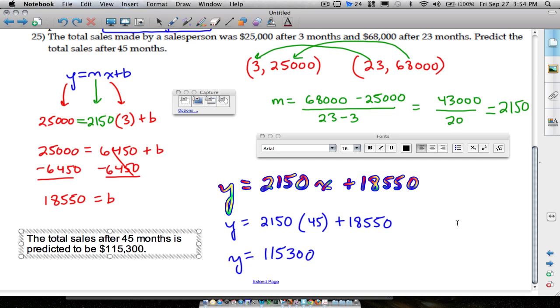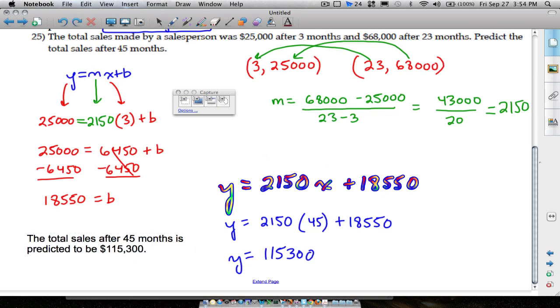Just to look a little bit deeper into it, what does that 2150 mean? Well, back at 3 months, they were at $25,000 in sales. And as time went on, the total sales means they keep adding the sales on top of the other sales. So it did increase up to 68,000. When we use these numbers to find the slope, that number means that salesperson, on average, because we're predicting here, was making sales of around $2,150 per month.